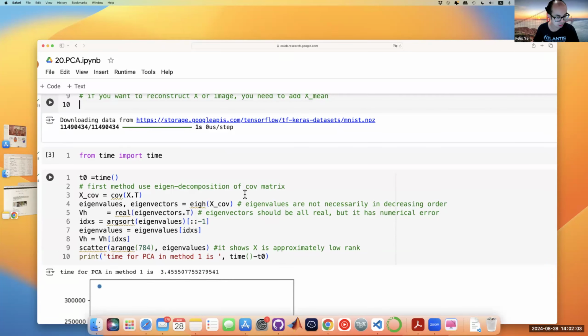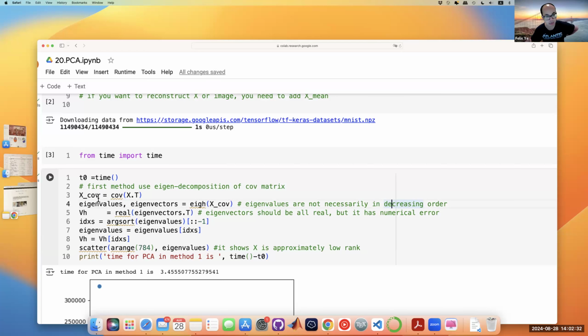Okay, the first thing that we do is we use eigenvalue decomposition of the covariance matrix. So basically, we calculate the covariance matrix, and we take this eigh, which finds eigenvalues of a Hermitian or symmetric matrix.